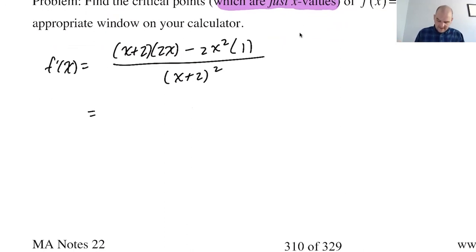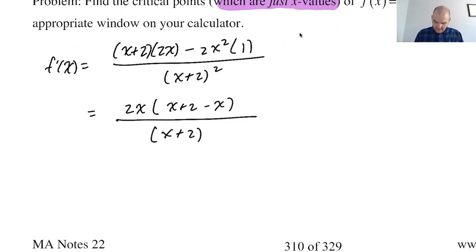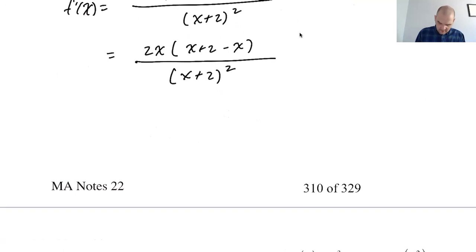I can take a 2x out of everything in the numerator. That'll leave me with x plus 2 and then minus x. It's kind of clever. I don't know if I've ever done this problem that way before. Good job, me. So f prime equals 4x over the quantity x plus 2 squared.